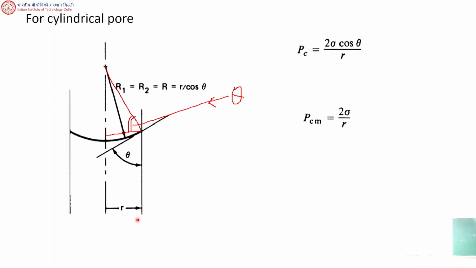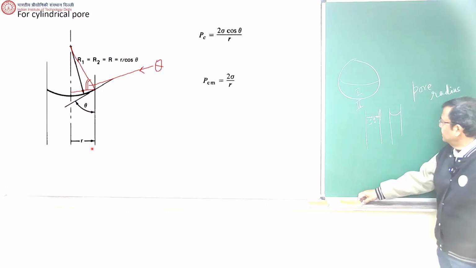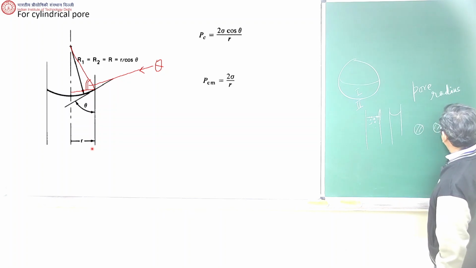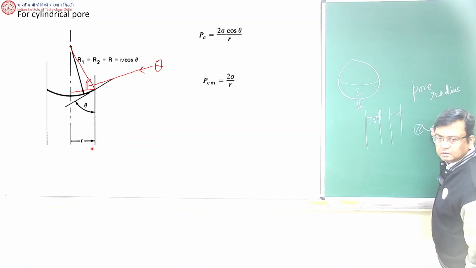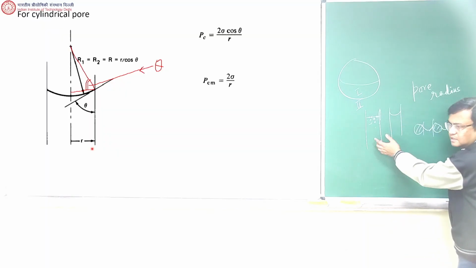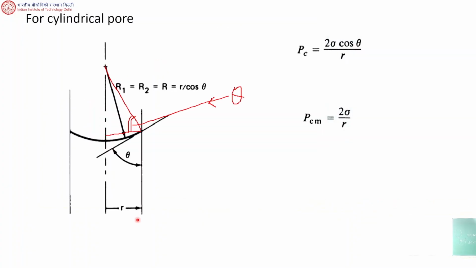This is the pore radius, right? Like we saw these things, and we saw curvature like this here. So we can think of this like a pore area, which is kind of like these tubes.